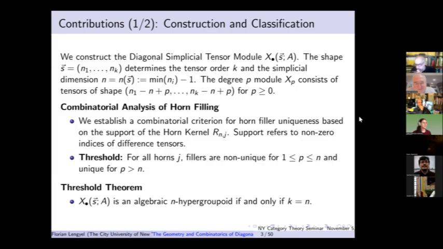I'm going to define the simplicial dimension as the minimum of those parameters minus one. There's a reason for that. Given those parameters, it's the top dimension beyond which all the tensors are going to be degenerate. They'll lie in the degenerate submodule of the simplicial tensor module.